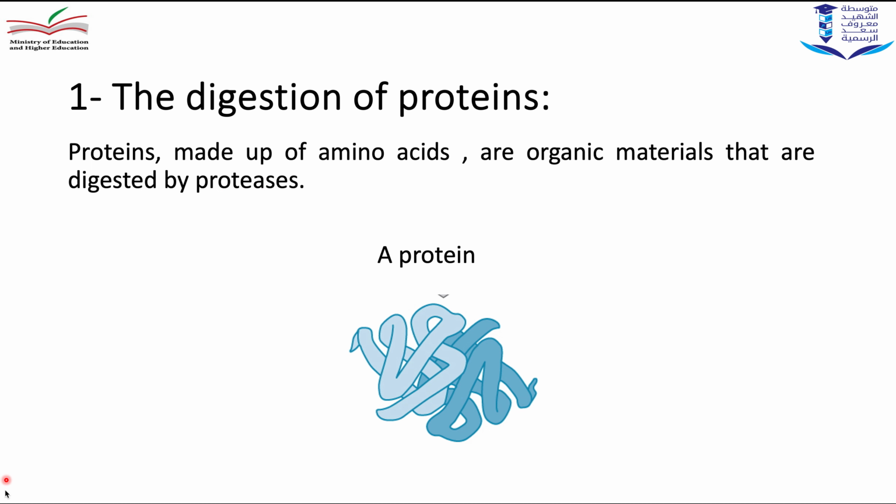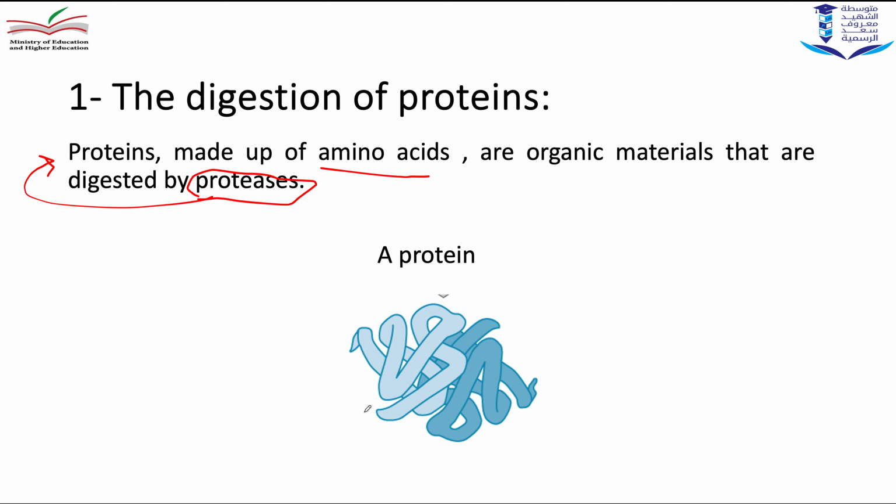And here we have to know what we mean by protease. A protease is a class of enzymes specific to digest proteins. This word is very important. And proteins are made up of amino acids.